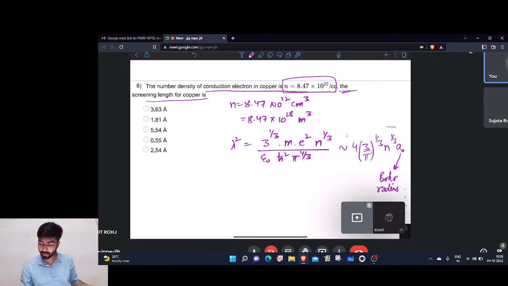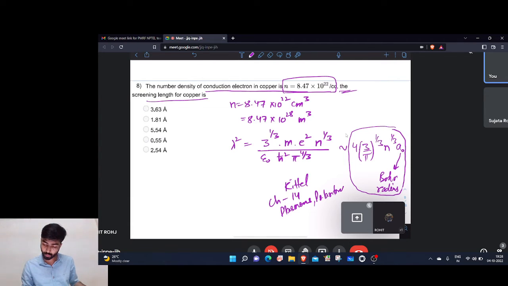So this expression is given in Kittel in chapter 14, plasmons, polaritons and polarons, and in the edition which I am working on, it is on page number 405.